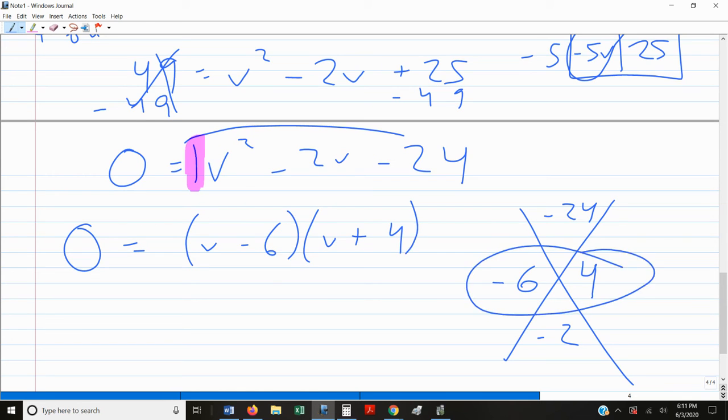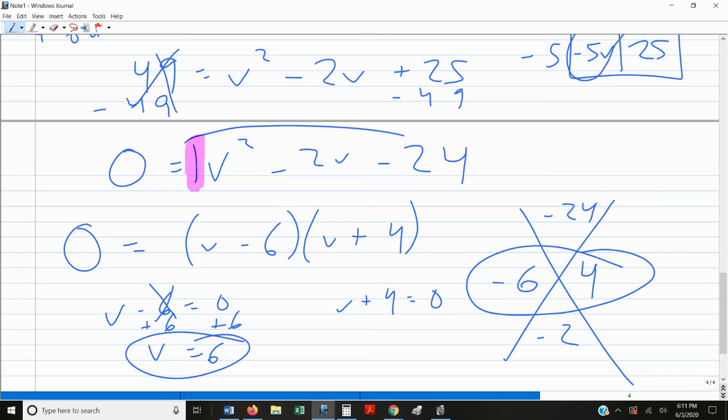So just using those numbers, v minus 6 and v plus 4, you would take those factors and set them to 0. So v minus 6 is 0 and v plus 4 is 0. And you can add 6 to both sides, you get v equals 6, subtract 4 on both sides, and you get v equals negative 4.